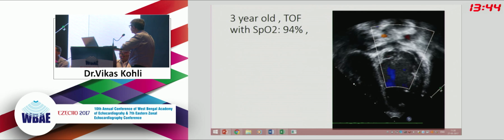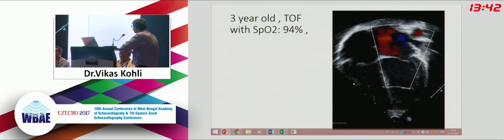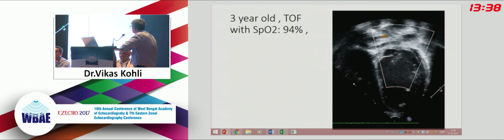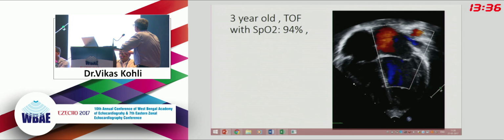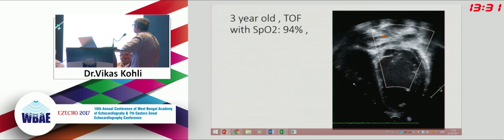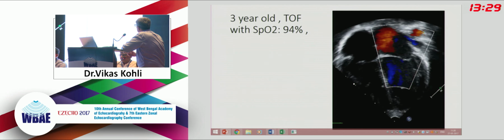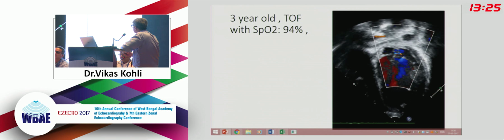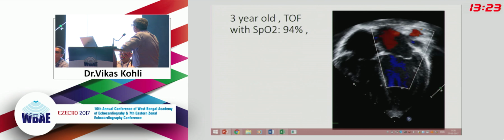Dr. Kohli and my co-panelists have nicely described and imaged the whole of the tetralogy. And now I will be going through the common variants. It is said tetralogy is the most common congenital cyanotic heart disease, and it will be good to know all the variants because we will be facing those relatively more frequently than other congenital heart disease.